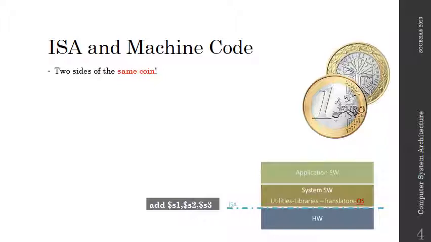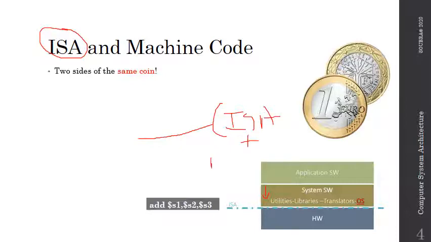So assembly is the last rampart of what's understandable by humans, including the ISA, because we're looking at it from here. So assembly is ISA, the architecture, plus some additional pseudo instructions.